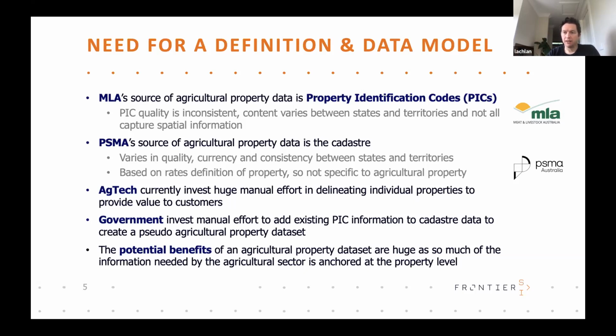At the moment, they need this information. They piece this data together based on the PICs that are available in the cadastre, but it's not done in a consistent manner. So the potential benefits for such an agricultural property data set are quite large, especially when you start to focus on the agricultural property level, not necessarily the land parcel as determined by the cadastre.